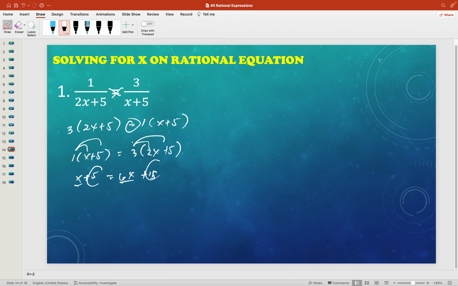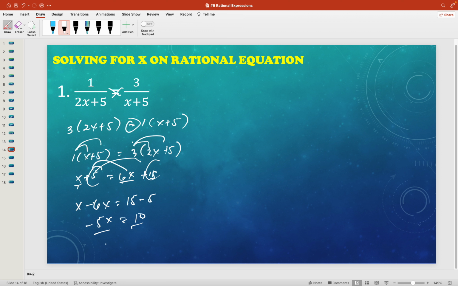So retain x, transpose 6x from positive to negative: x minus 6x is equal to 15, retain 15, and transpose positive 5 to negative 5. So x minus 6x is negative 5x, and 15 minus 5 is 10.